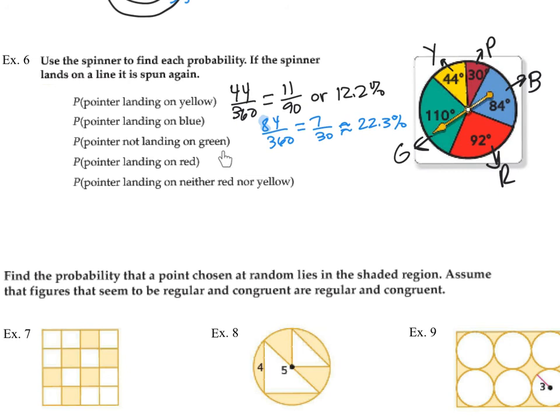And then look at the next one that says, what is the probability of the pointer not landing on green? Well, green is 110 degrees out of 360, so for the probability of not landing on the green, 360 minus 110 would be 250. So that would be 250 out of 360, which reduces to 25 out of 36.